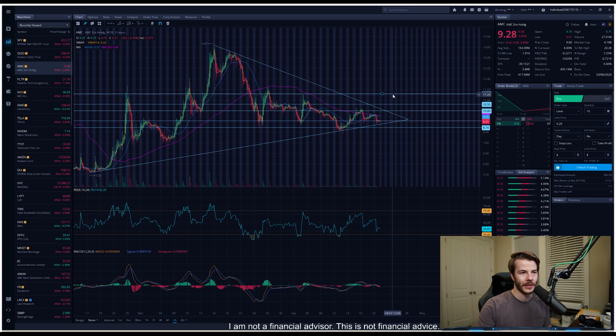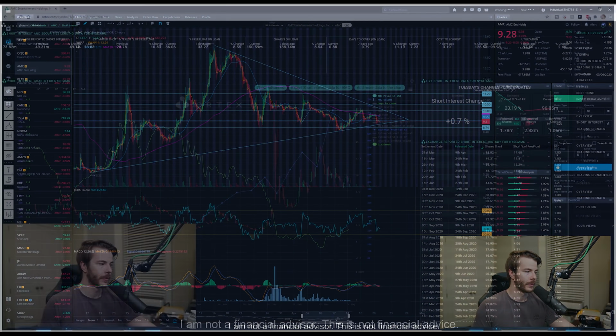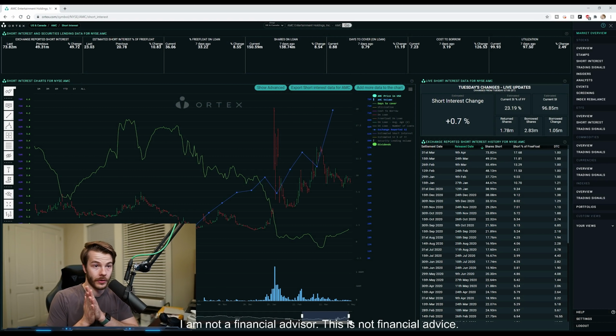So I'm looking for us to make a third top, hopefully, and make that bullish move to the upside. And getting back up to 1125 would definitely put us in very bullish territory. So, but let's go ahead and hop over here into Ortex and take a look at the short interest change.